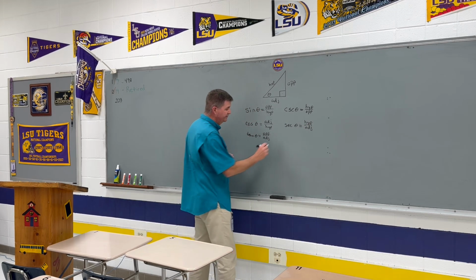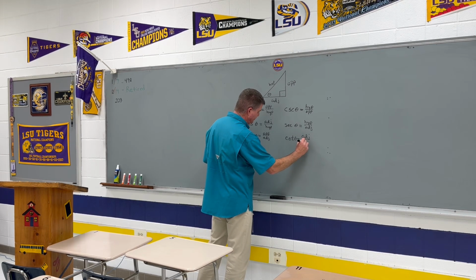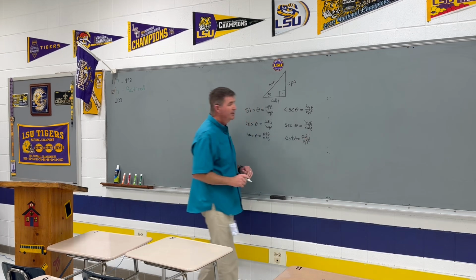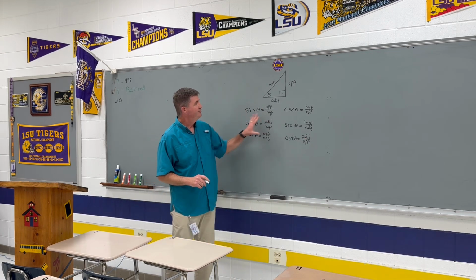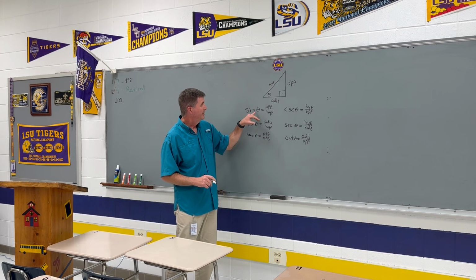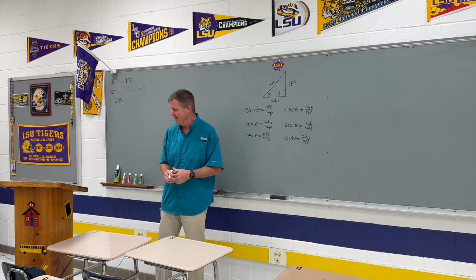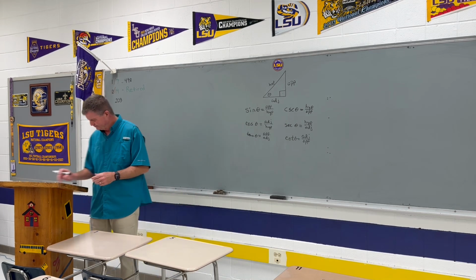And the reciprocal of the tangent is the cotangent, the adjacent over the opposite. We're going to use these facts along with the right triangles in order to find the sines of the angles, cosines of the angles, tangents of the angles, etc.